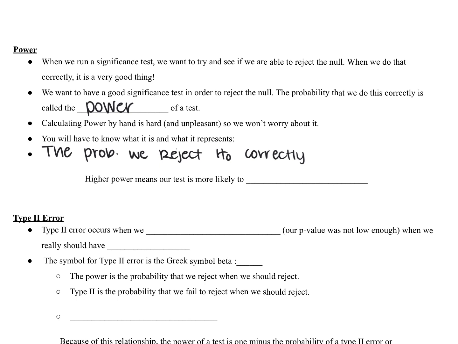Okay. And the higher the power, it is more likely to reject the null correctly. So higher power is good. Lower power is bad. But again, we're not going to talk about how to calculate it. You just have to know what it is.